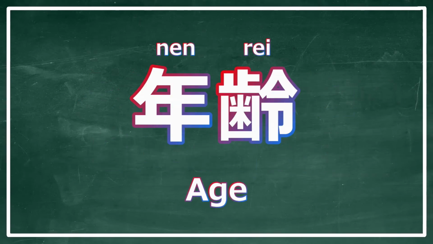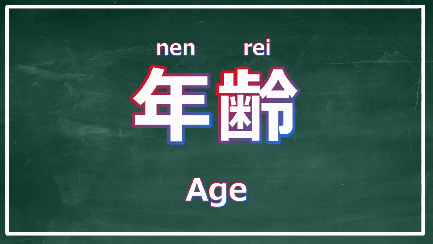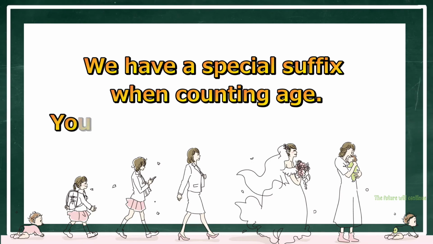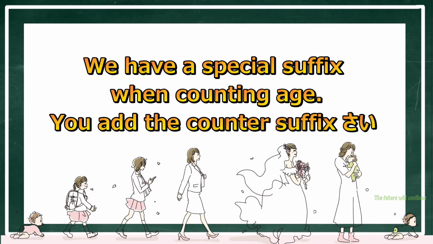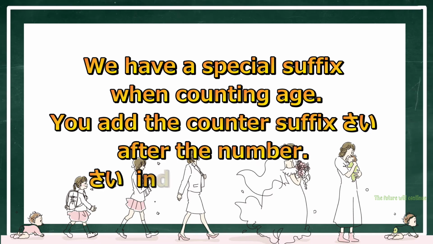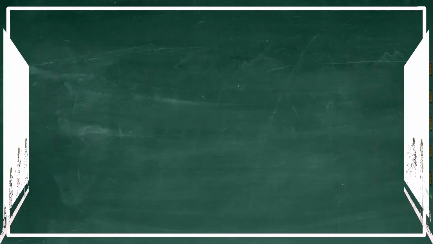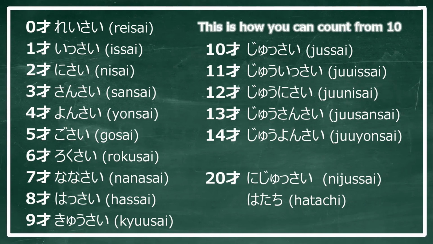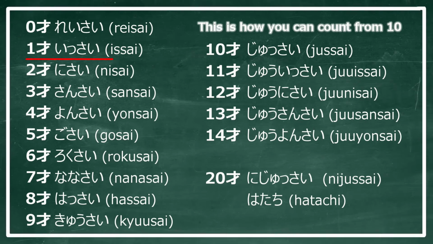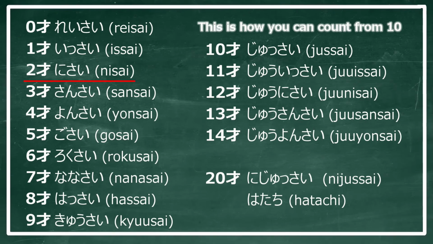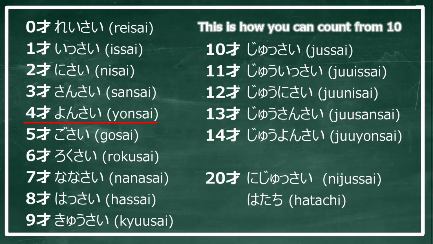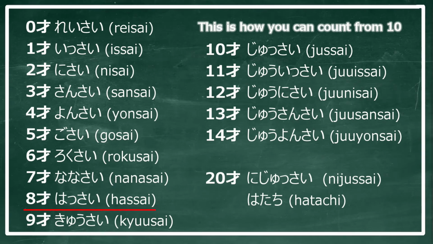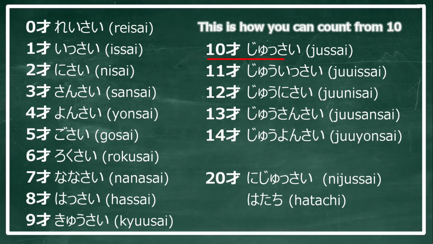Age. Let's move on to expressing age. We have a special suffix when counting age. You add the counting suffix 歳 after the number. 歳 indicates years old. First, let's take a look at how to count age. 0歳、1歳、2歳、3歳、4歳、5歳、6歳、7歳、8歳、9歳、10歳.